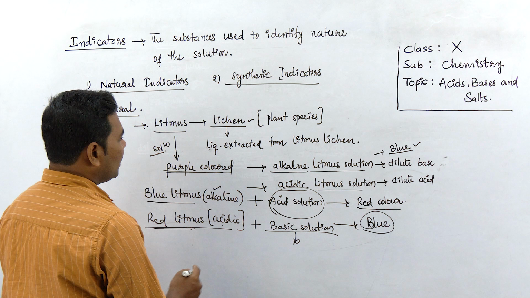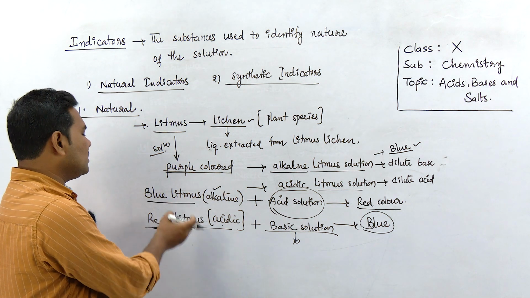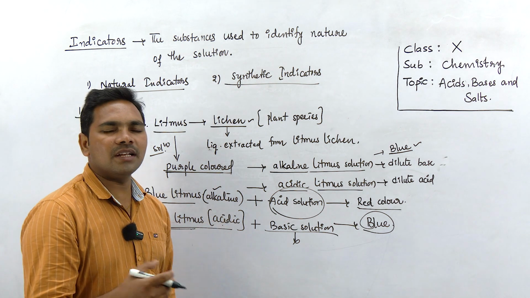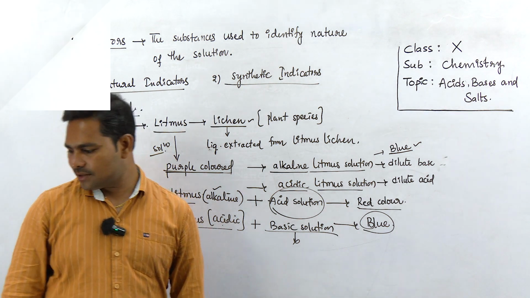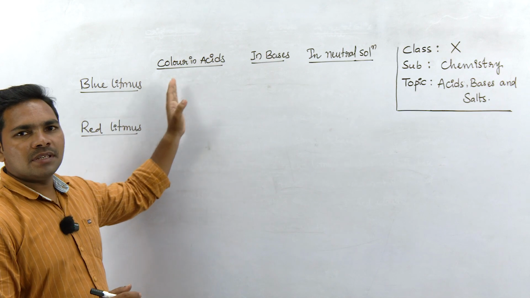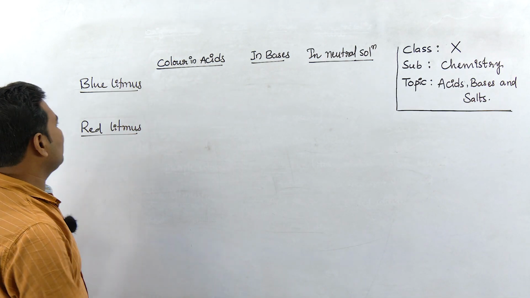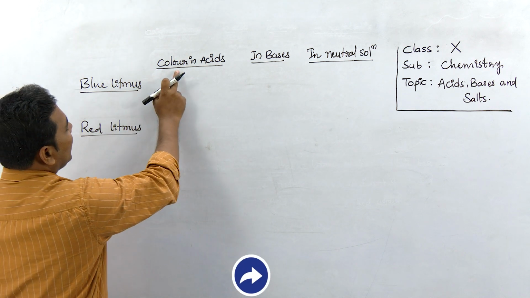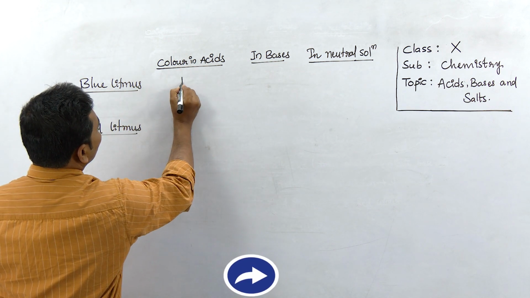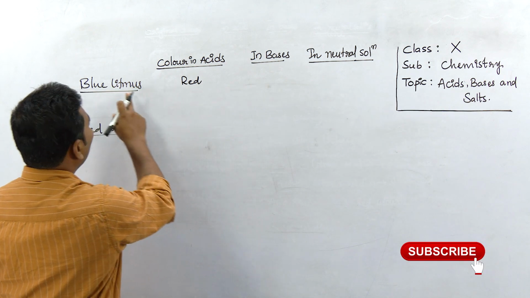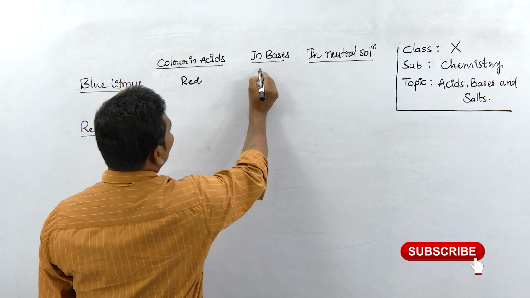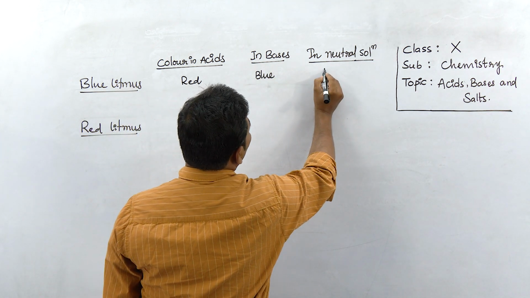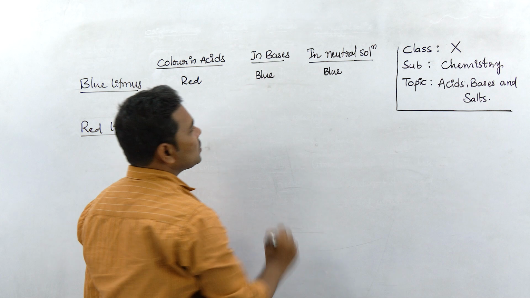So we'll now write how litmus is used to identify different substances and the different color changes in different natured solutions. Color change of litmus in various solutions. First, let us see blue litmus. When blue litmus is added to acids, it changes its color to red. Blue litmus remains blue in bases, and remains blue in neutral solutions.